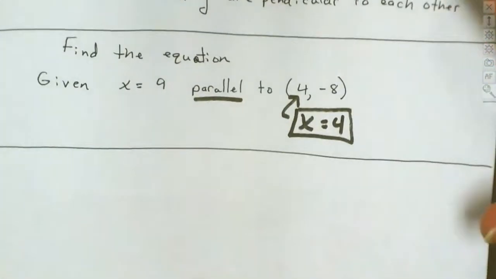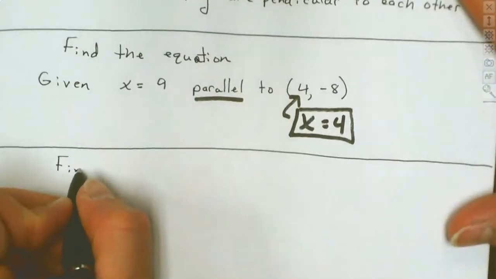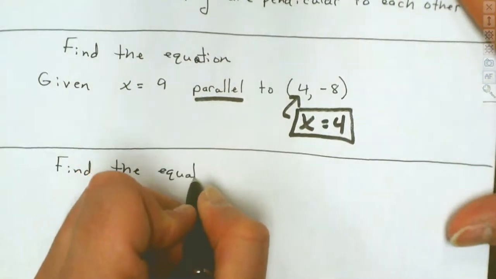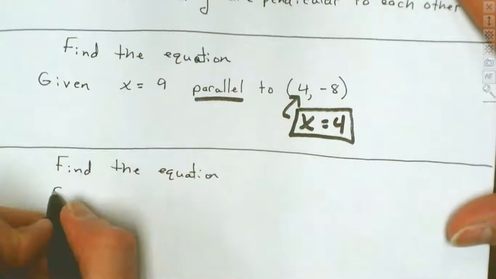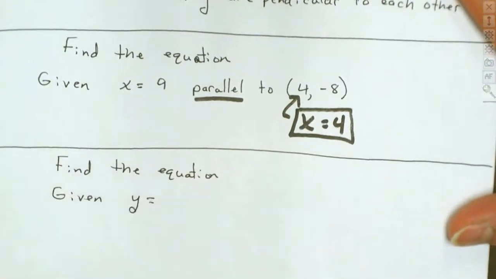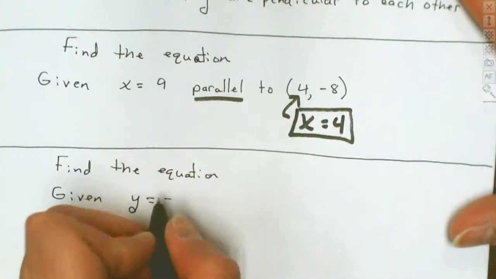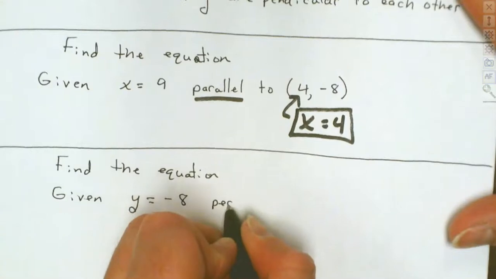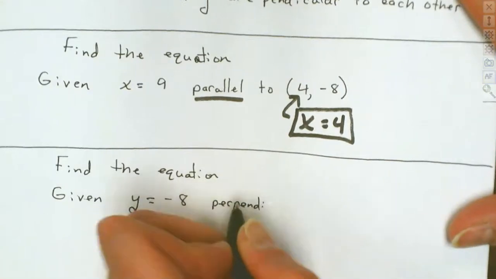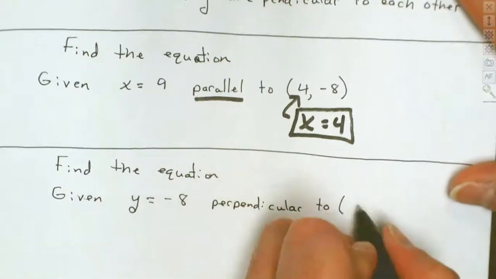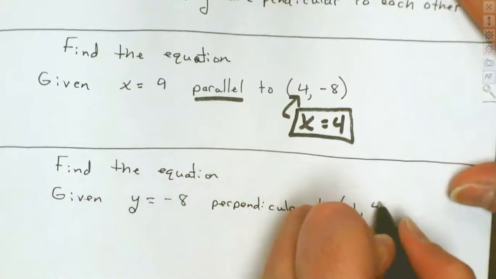Let's try another one. Let's find the equation. And let's see, you're given y equals negative 8 perpendicular to 1, 4.